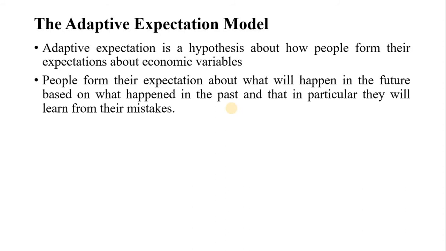Yesterday and the day before yesterday you had the experience of unexpected rains, and you are expecting that this unexpected rain will continue today also. You have learned this not only from your past experience but also from your past mistake.